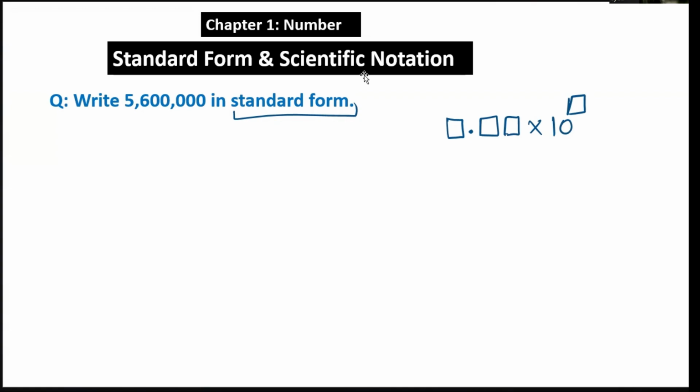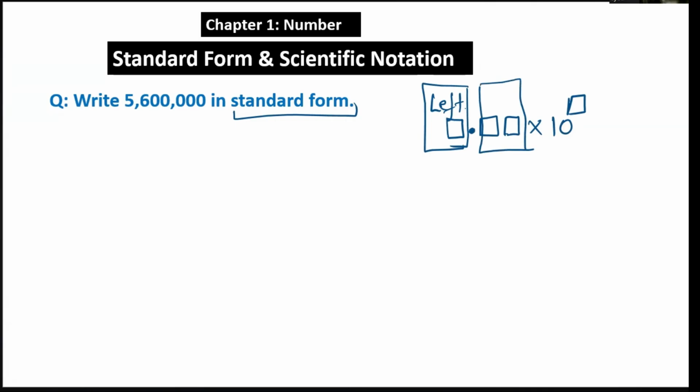So basically standard form means one digit would be on the left side, before the decimal, and after the decimal it could be any number.